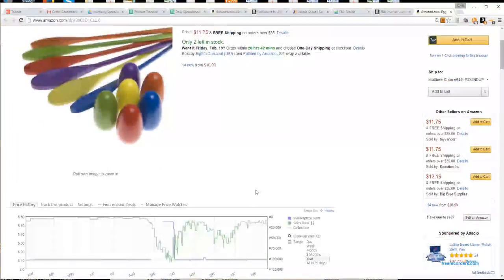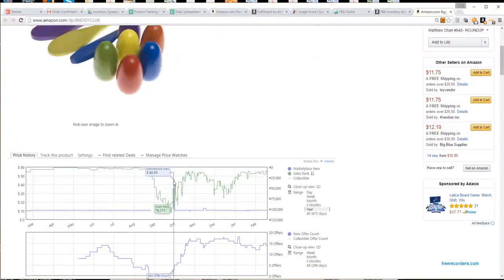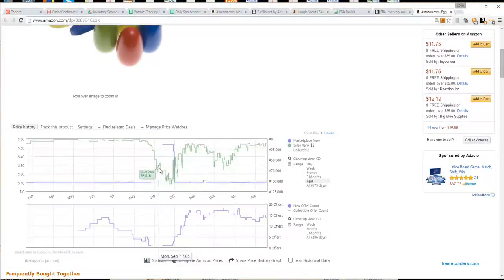You can see here, obviously that was overinflated. Then you look at the competition here. This graph is good as well. There was only one person selling it. Maybe he had one left, so he raised his price, didn't want to run out of stock.